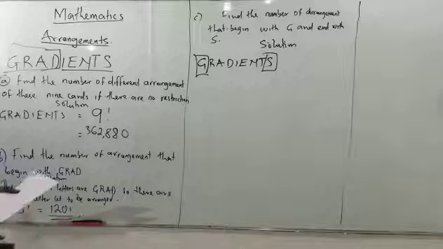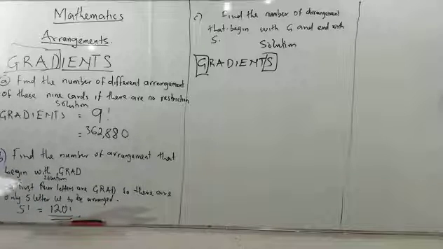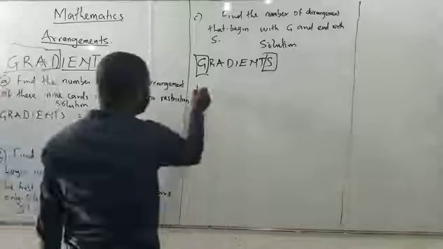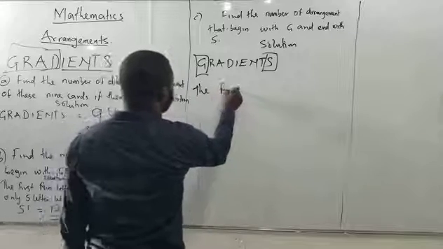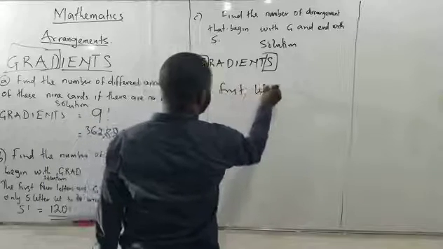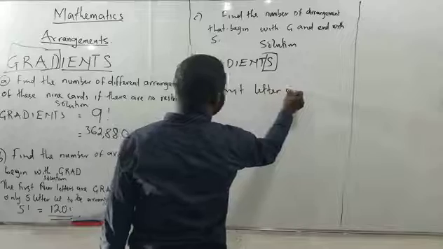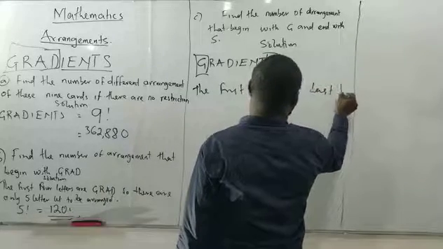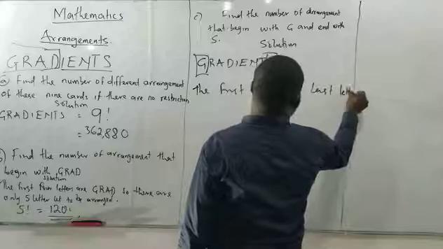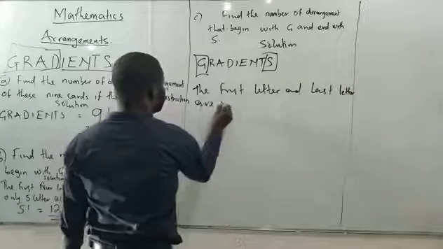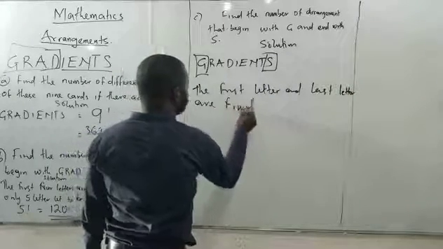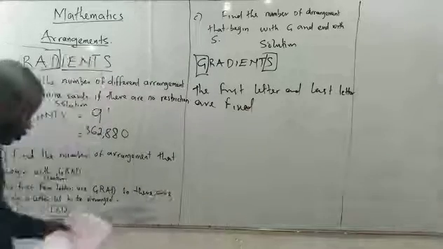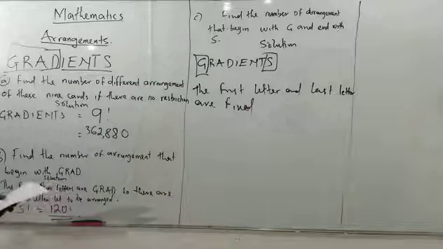Okay, if I want to present it, the first letter and the last letter are fused. Now they are fused. You can't do anything with the first and the last.